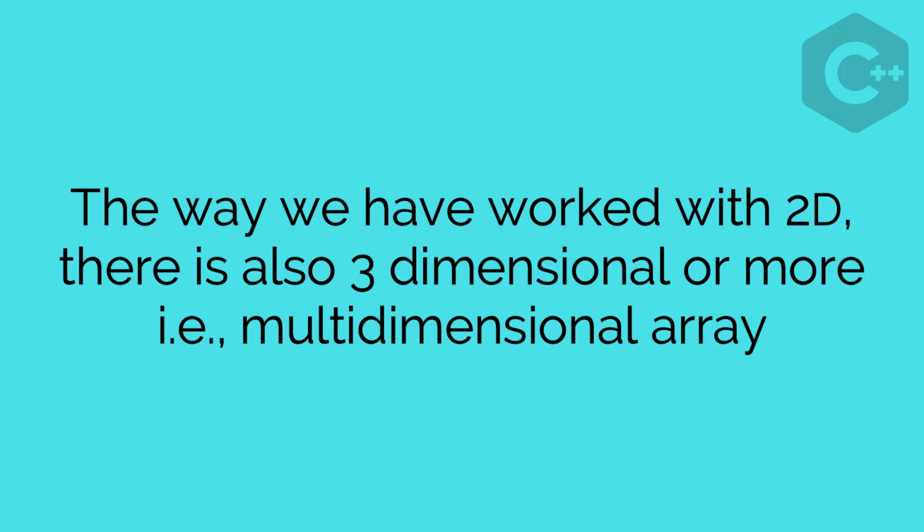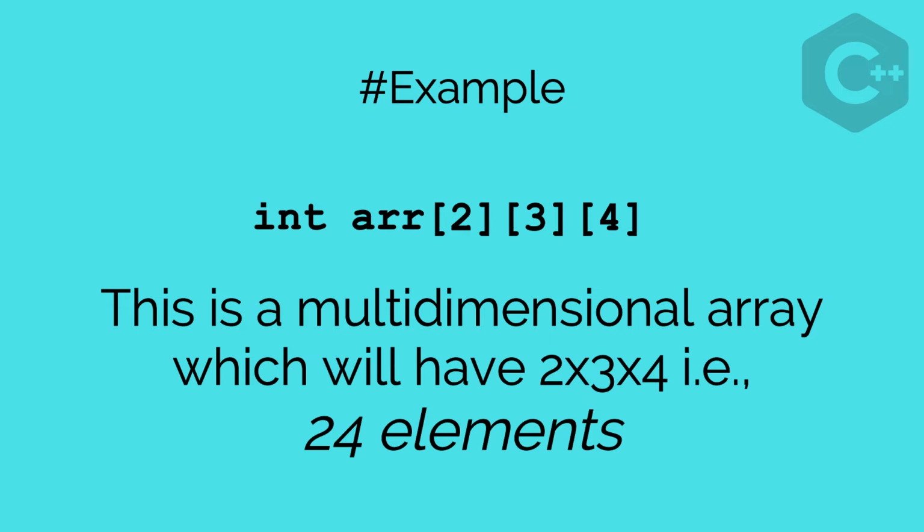The way we have worked with two-dimensional, there is also three-dimensional or more, that is multi-dimensional array. For example, if I declare int ARR and 3 square brackets where I have 2, 3 and 4, then this is a multi-dimensional array which will have 2 into 3 into 4, that is 24 elements.